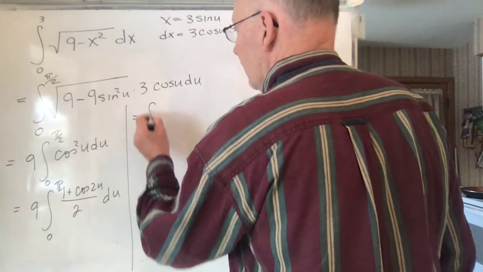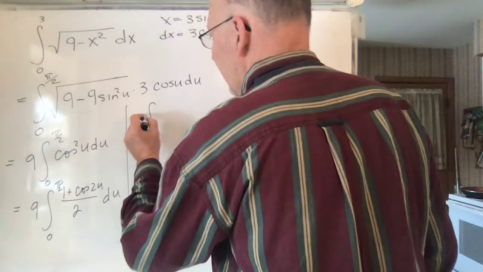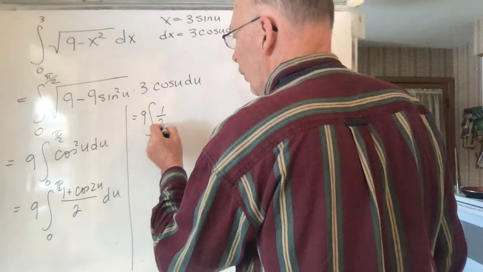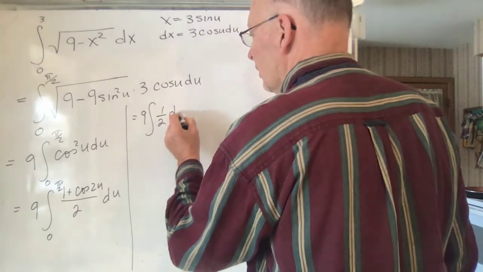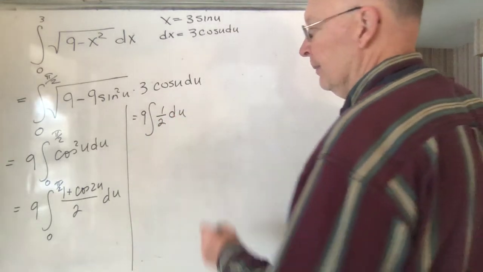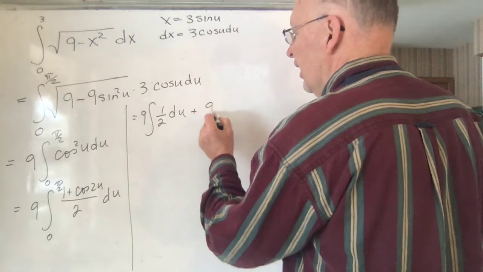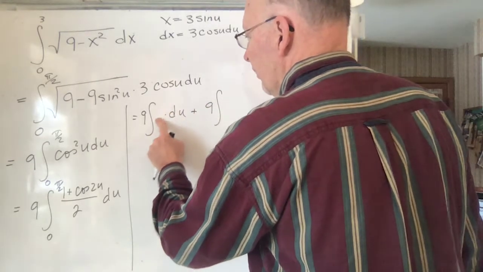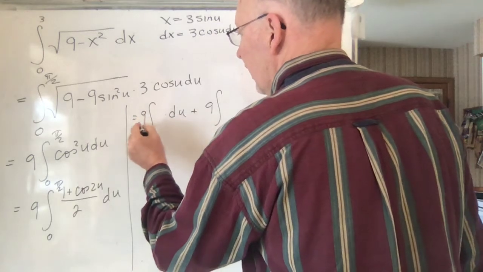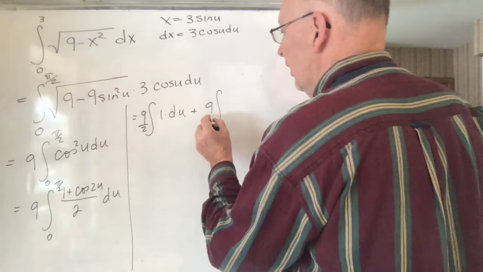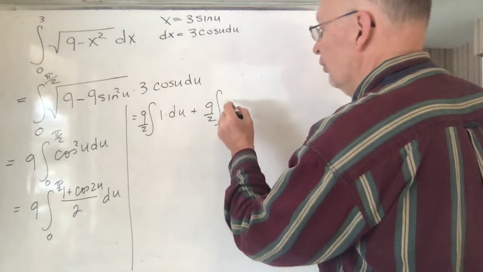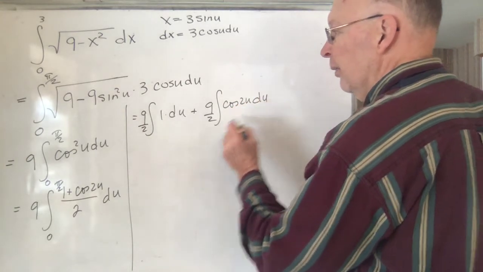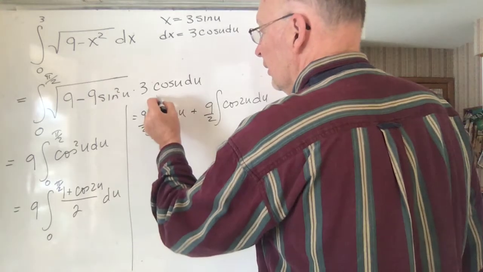So I'm going to get, first of all, 9 times 1/2 du, plus 9 times, let's bring the 1/2 out front of both of these, might as well. 9/2, here's a 1, 9/2, and I'm going to get a cosine of 2u du, both of these from 0 to pi over 2.